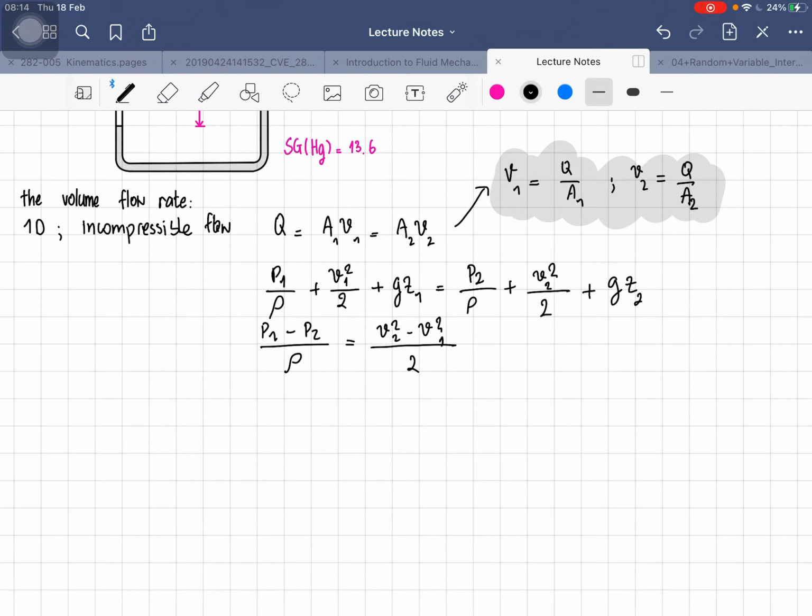With this relationship, this one is v1, so we need v1, and this is v2, so we need v2. We can substitute these into the equation that we're trying to solve.